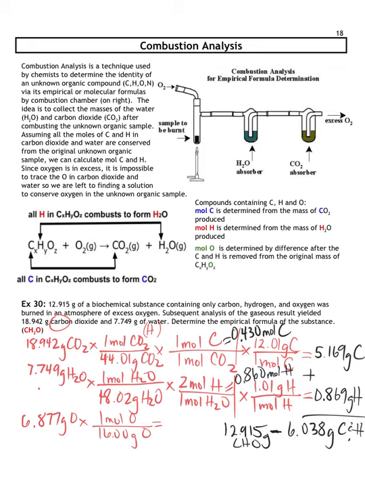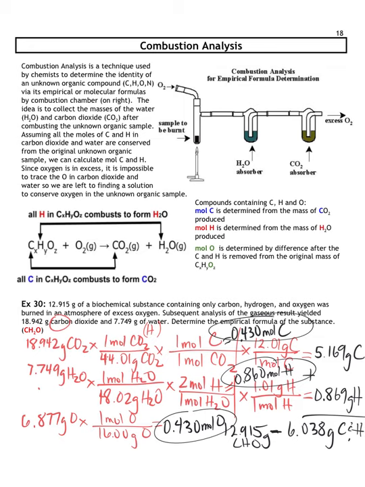And my value, I'll make it in black so I can be consistent, is 0.430 moles of oxygen. So I have all the moles of each of my components, and I just need to put it into the formula.